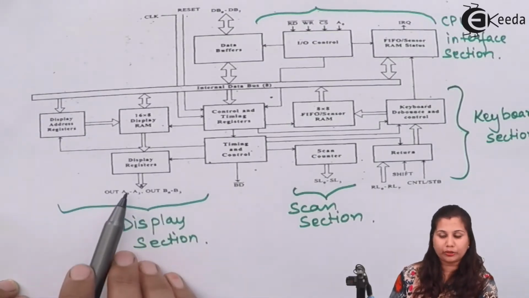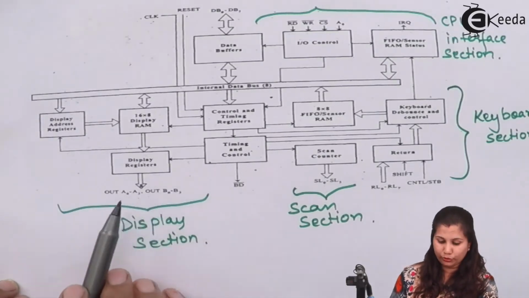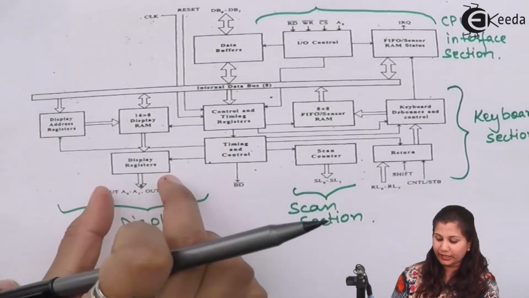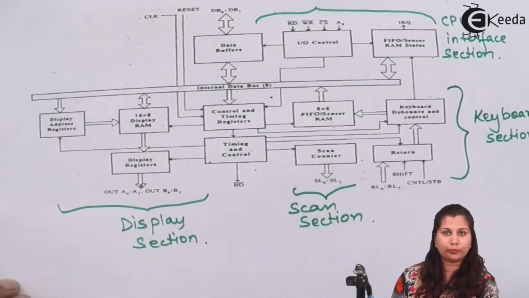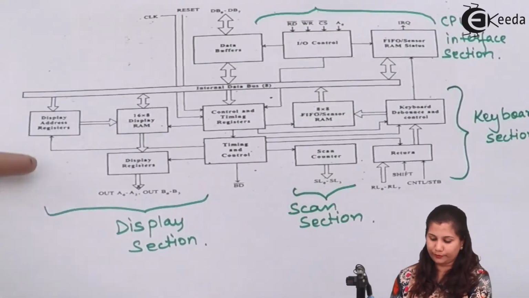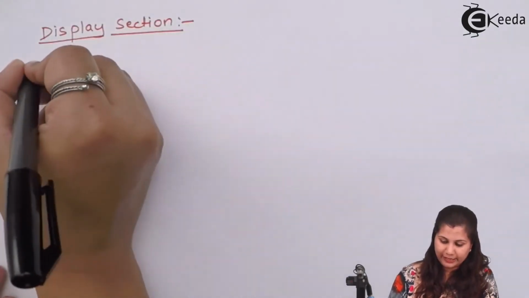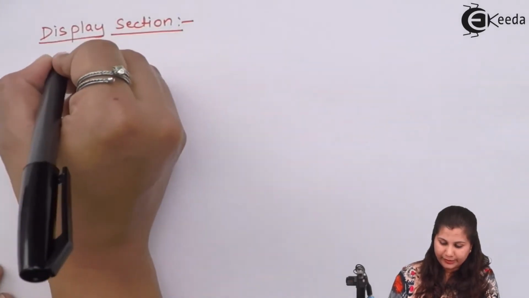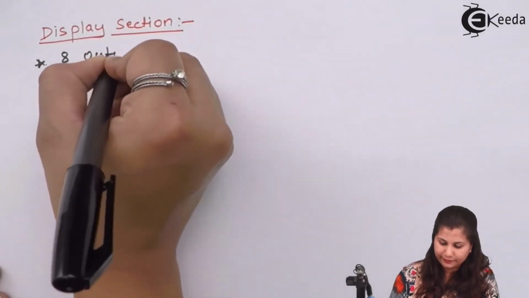So the 8 output lines are divided into two groups. These 8 output lines can work as a group of 8 lines and also as two groups of 4 lines.